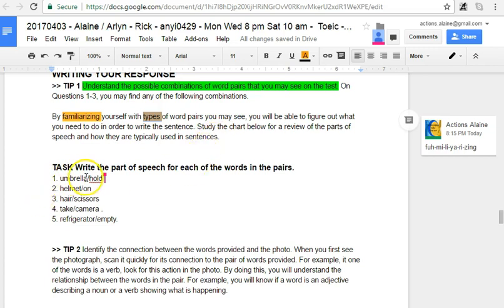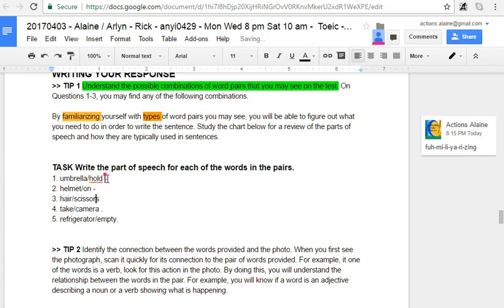So here, I would like to know how you detect this kind of words for the part of speech. I would like you to determine if this is an adjective, verb, adverb, noun, or pronoun.